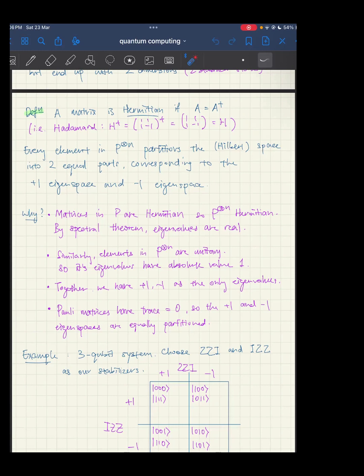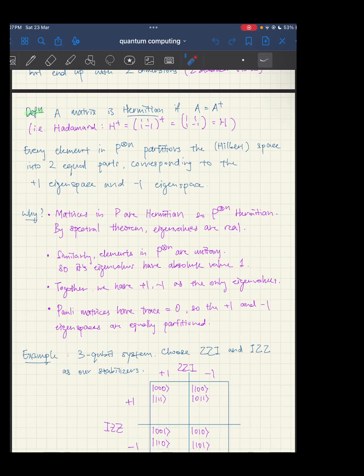Similarly, the Pauli matrices are unitary, which means that their eigenvalues have absolute value 1. If we put these two together, with the eigenvalues being real and having absolute value 1, there are only 2 options, right? +1 and -1.